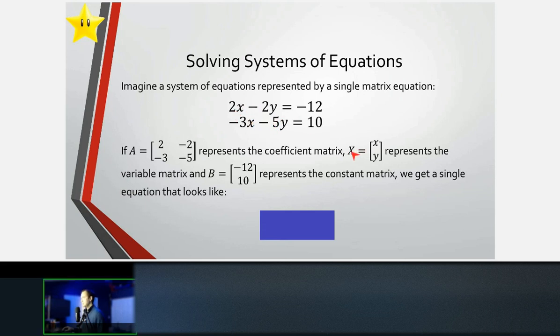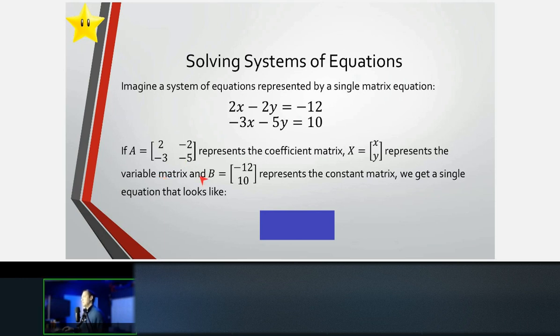Your X matrix will always be XY. So you're just going to have the variable X, the variable Y. So the X matrix will always be XY in a single column. So this is our variable matrix, XY.